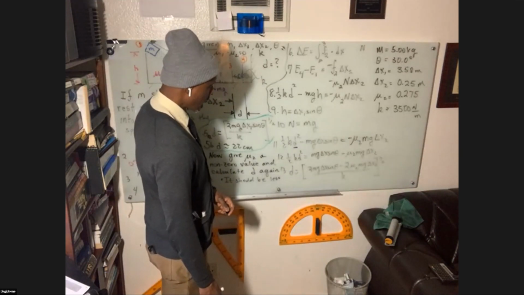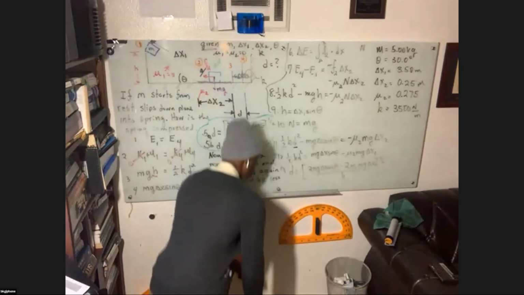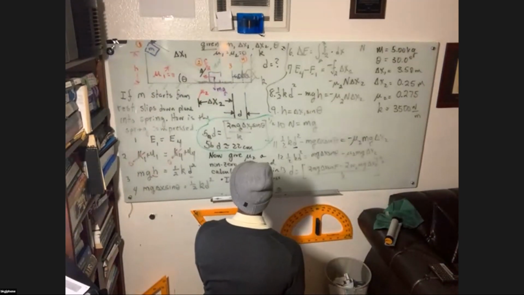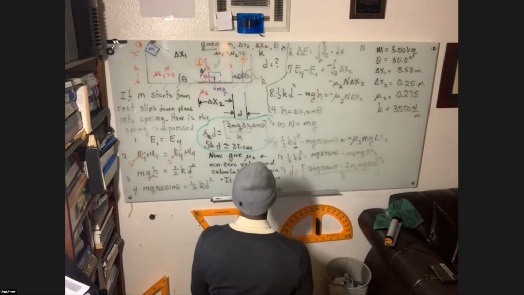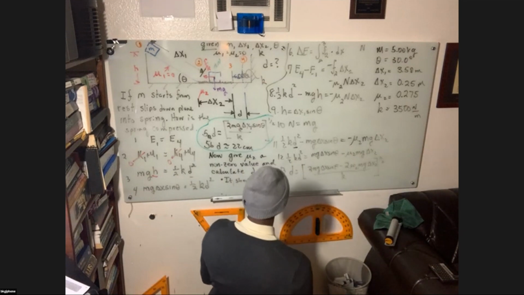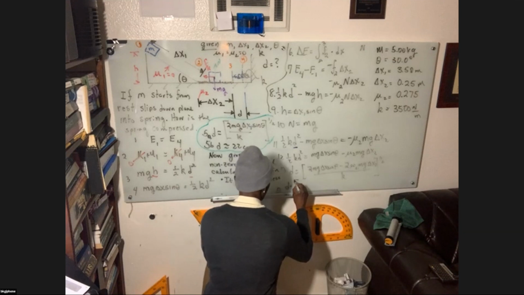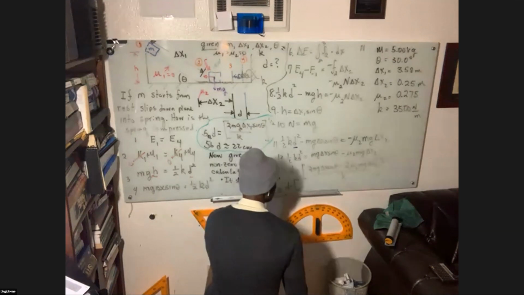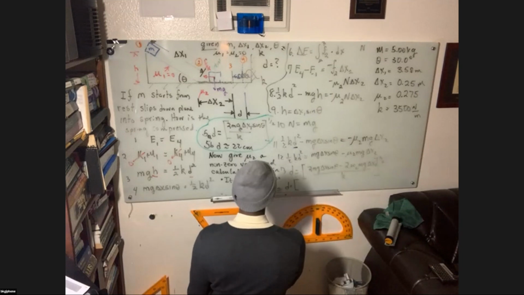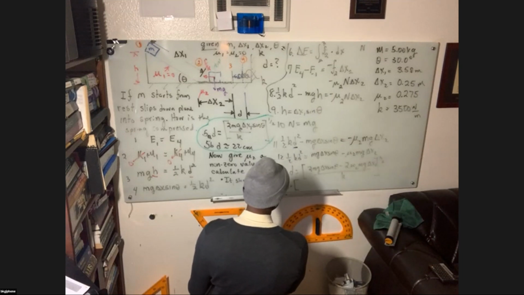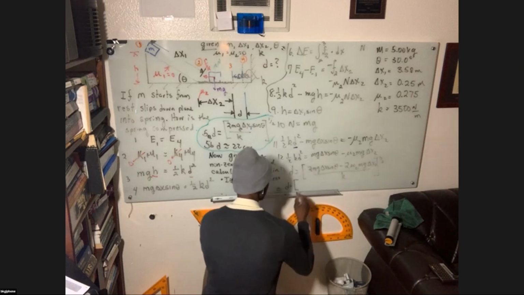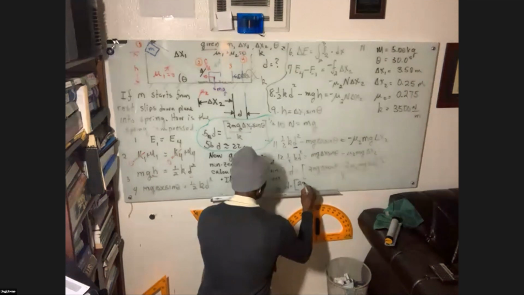And I like to simplify when I can. So again, we can say that the final D is equal to, I'm going to factor out the 2mg, and I'm going to put that over k out here.